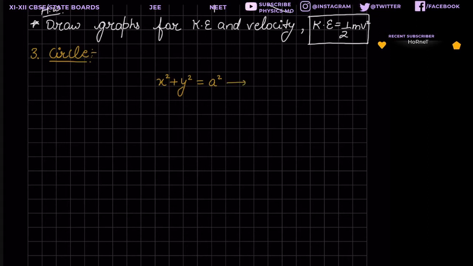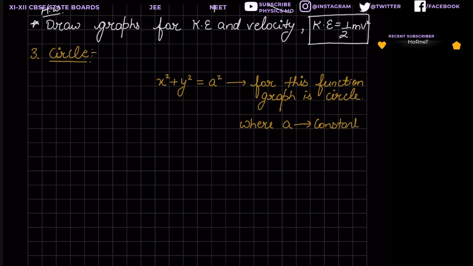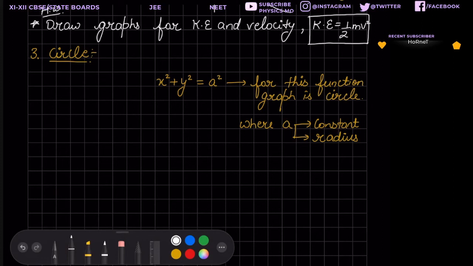So for this function, the graph is a circle, where a is a constant which is its radius. If you wish to draw this, it will look something like this.